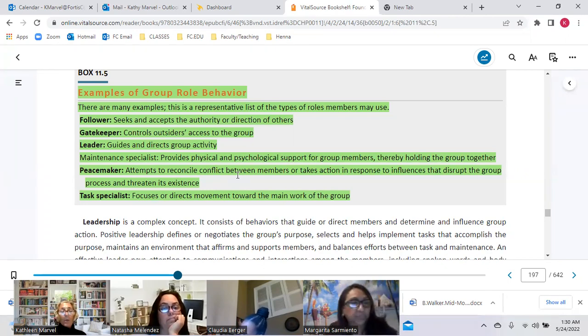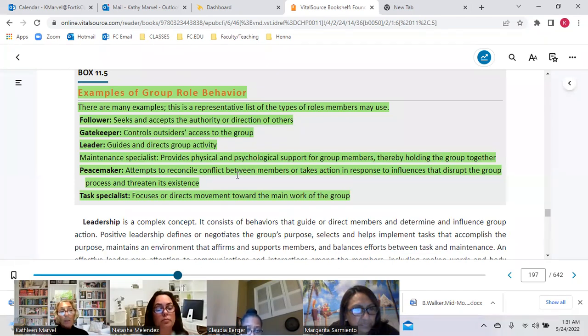Here is a common list of different roles that might be assigned in a group project: you have your follower, your gatekeeper, your leader, your peacemaker, and your task specialist. I don't know what roles you have played in your groups, or if you've had other group projects, but you could all probably find one of these 5 roles that you would like to do in a group.